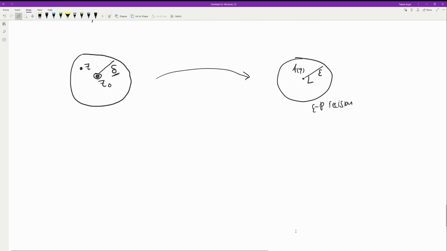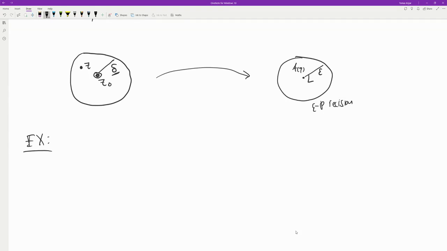Okay, so let's do a simple example, even though you won't really see this in this course, but still, for those of you who might do more academic things or research, this is very useful. Okay, so show f of z equal to 2 times z is continuous at, let's say, z equal to a half.